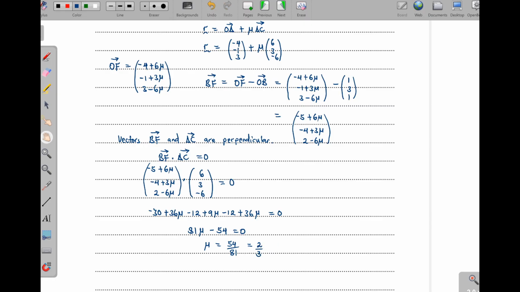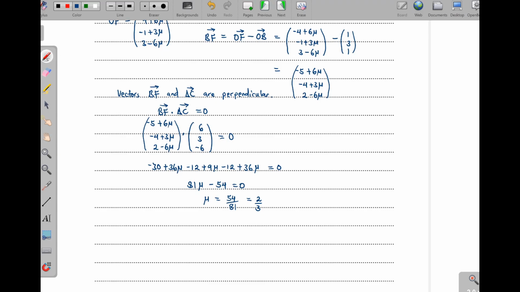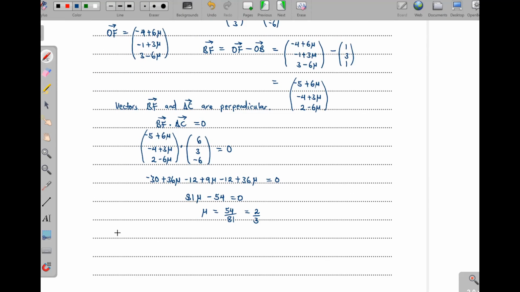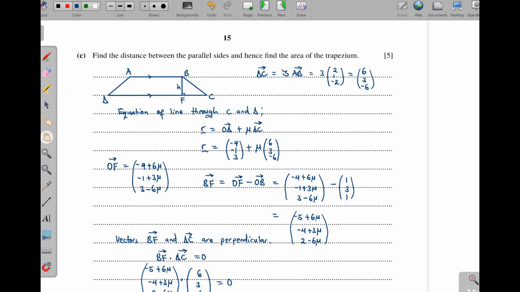Then from there, our F here, remember they said, okay, let's find our OF. Do we need OF or BF? Because they want the distance. This is the one here. So let us substitute in BF.